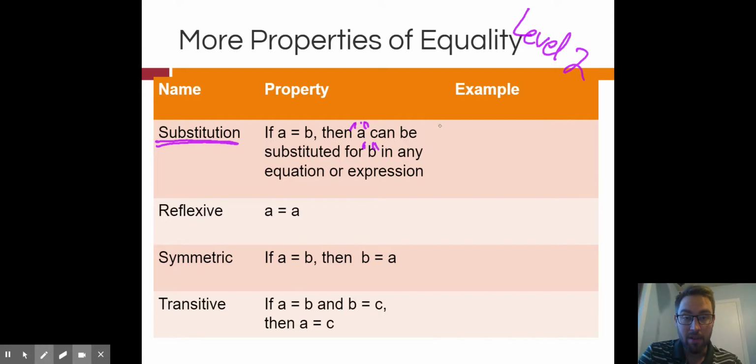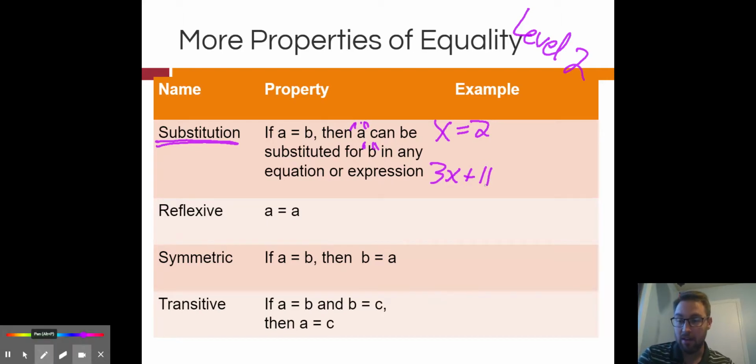For example, if I said that x equals 2, and then we had this expression 3x plus 11, we can't do a whole lot with that right now unless we use the skill of being able to substitute that term where we see the other one.